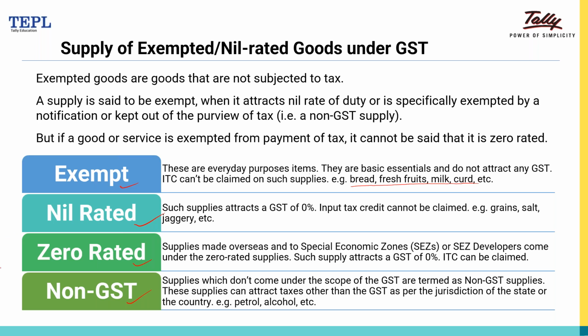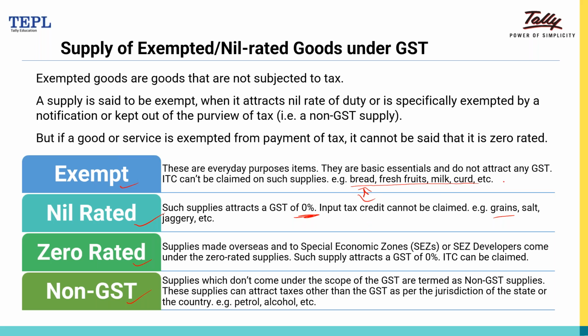And if you're talking about nil rated, that means it comes under GST at zero rated, 0% tax. Such supplies attract GST of 0%, and input tax credit cannot be claimed. For example, grains, salt, jaggery, etc. So what is the difference between these two, exempt and nil rated?